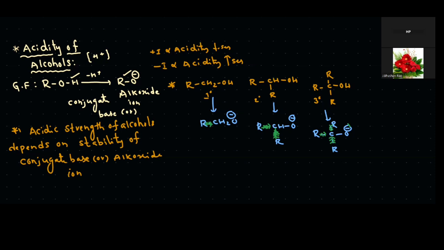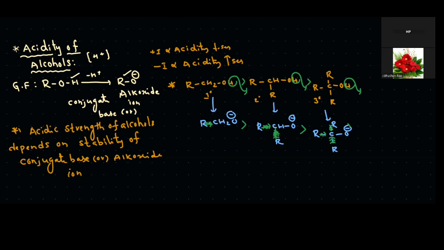If stability is more, that alcohol releases the H plus ion easily. Primary releases H plus more easily than secondary, and secondary more effectively than tertiary. This is the acidic strength order. Very important: stability more means acidic character also more.